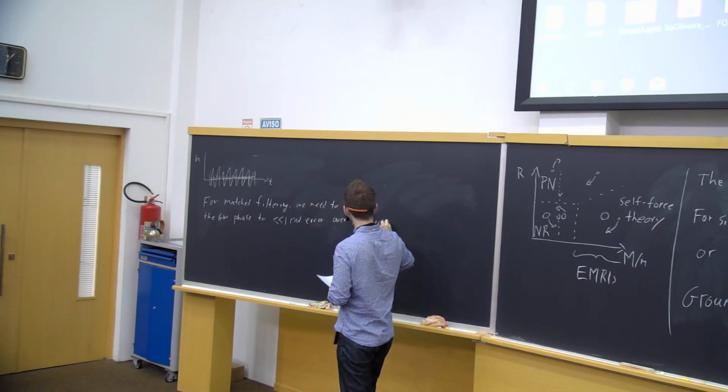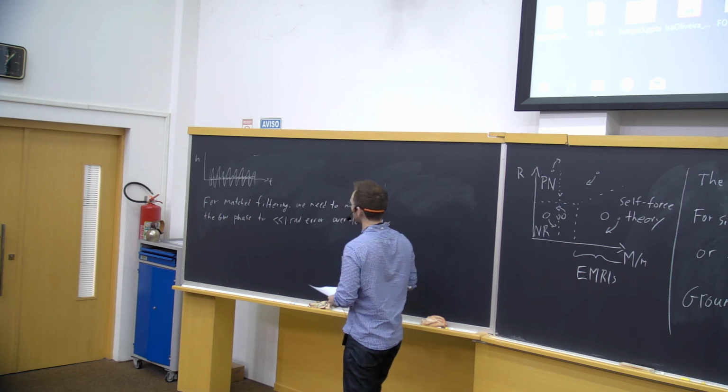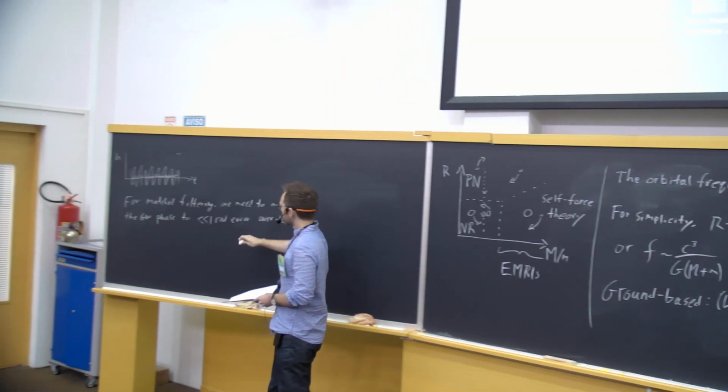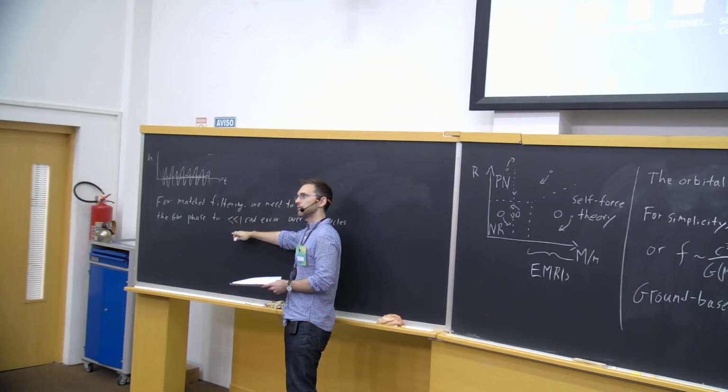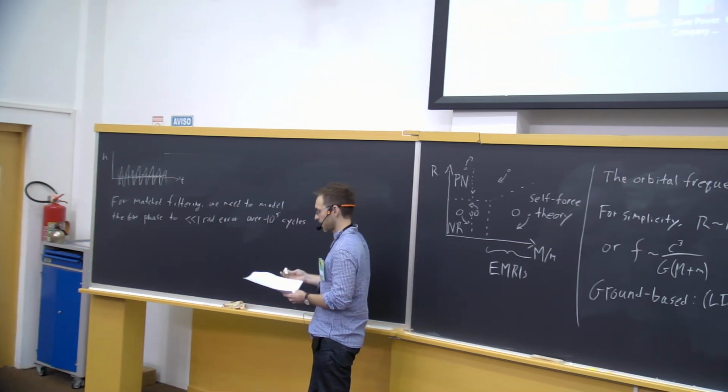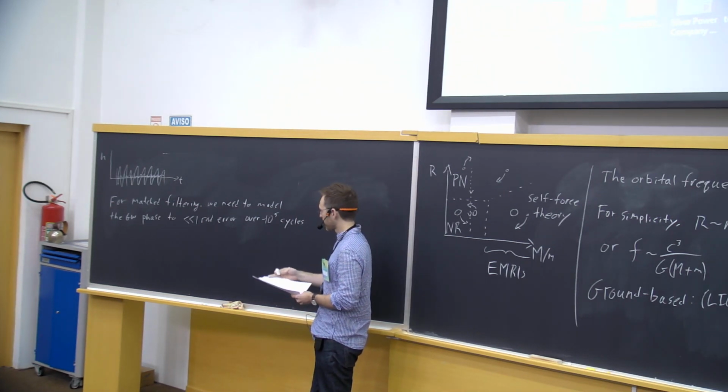So over 10 to the 5 cycles of the gravitational wave. So that's an extremely stringent accuracy demand, much, much higher than other kinds of systems have.